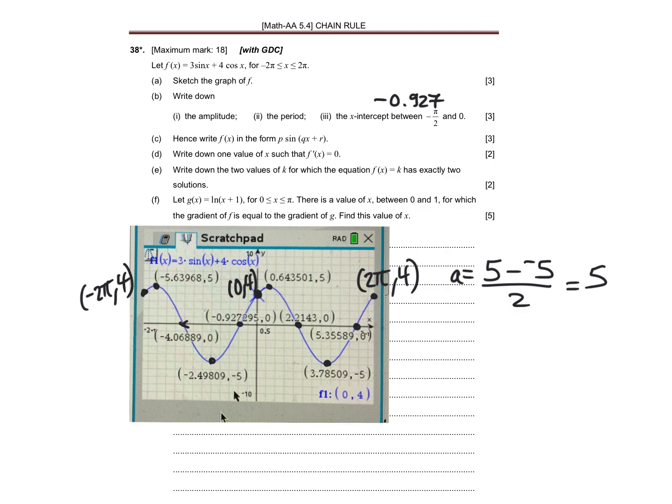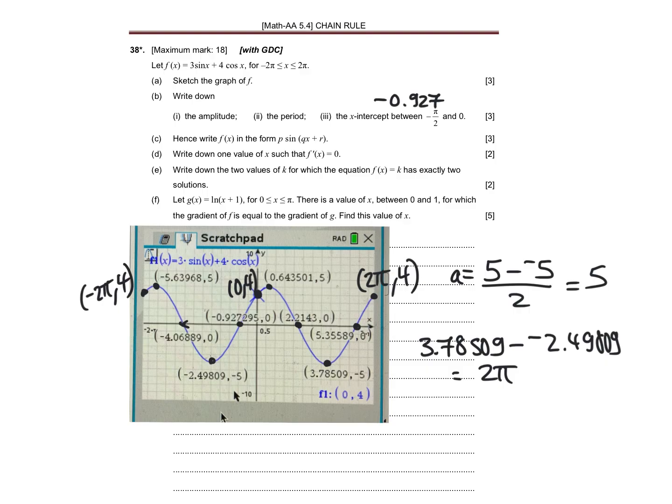So we have 3.78509 minus a negative 2.49809. Okay? And when you do this in the graphing calculator, you should recognize it's 2 pi. So that's the period.